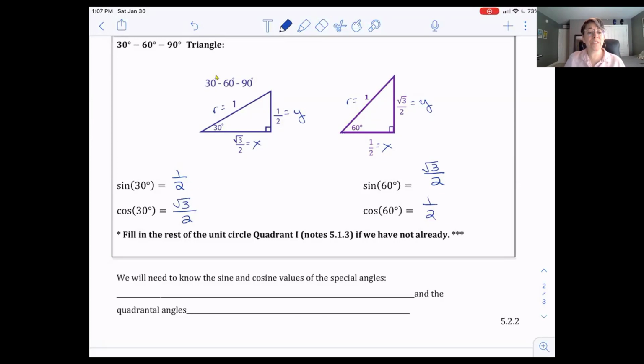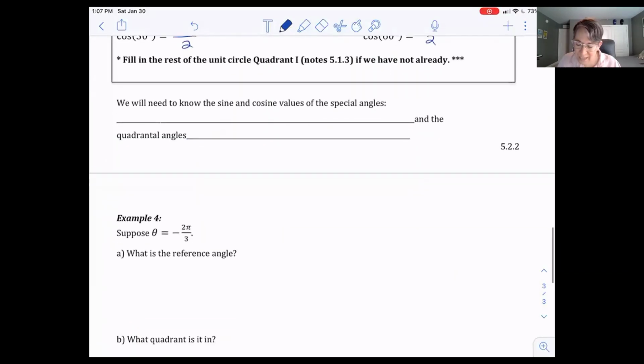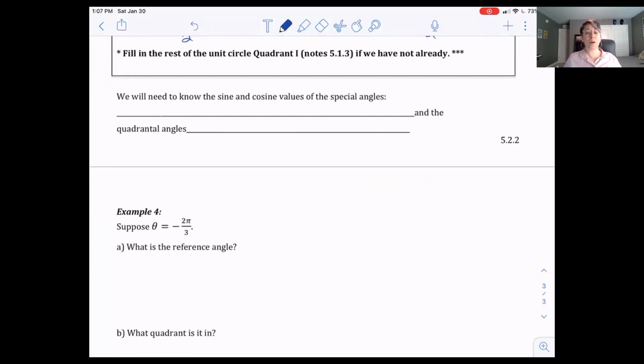So now we can actually fill in the rest of our unit circle in quadrant 1 if we haven't already. So we will need to know the sine and cosine values of all of our special angles, which will include the 30 degrees, which again is pi/6, 45 degrees, which is pi/4, and our 60 degrees, which is pi/3, because everything else will have a reference angle of one of those 3 if it's one that we're supposed to know the exact value.